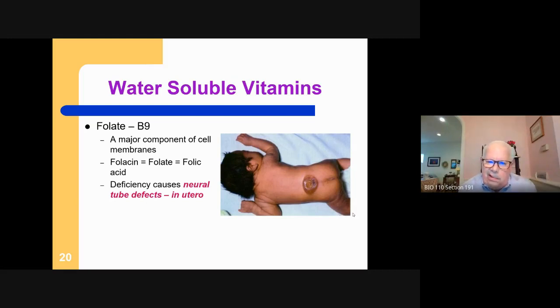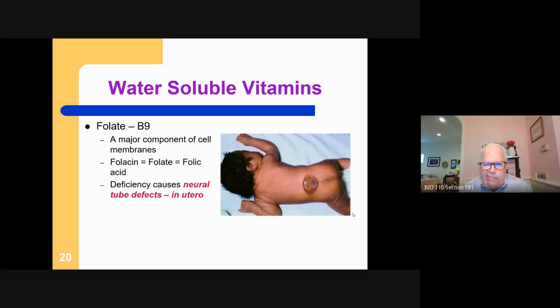You have already learned about folate. Folate is also involved in the production of red cells. A folate deficiency will give you a macrocytic anemia. Not only that, it is also involved in the neurological cell membranes.